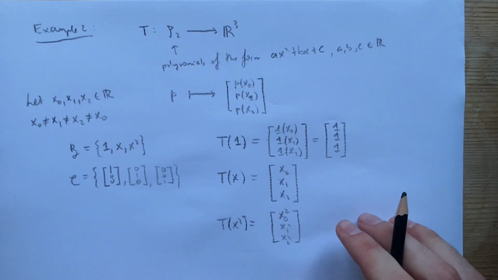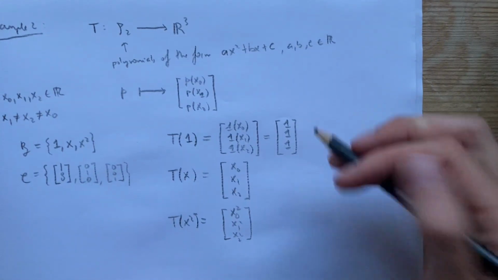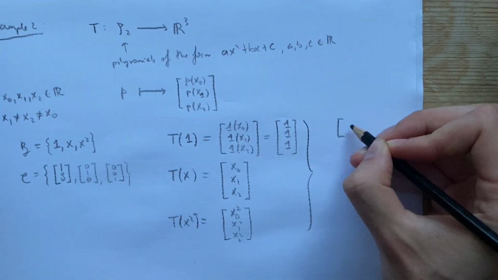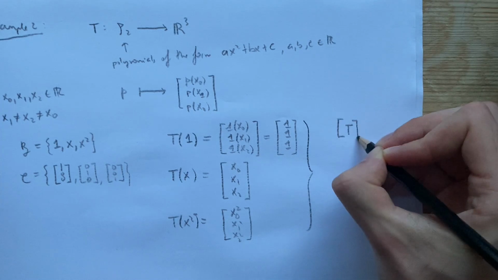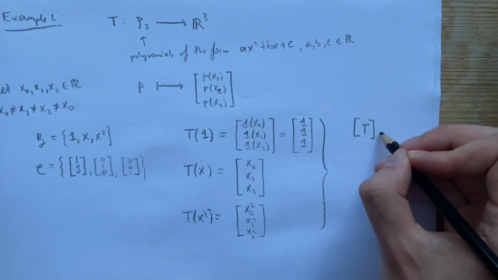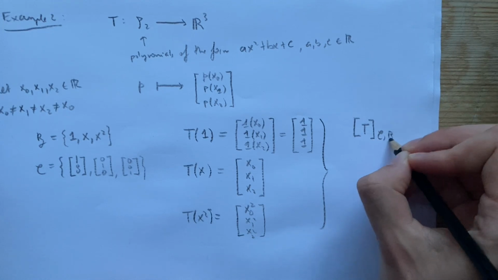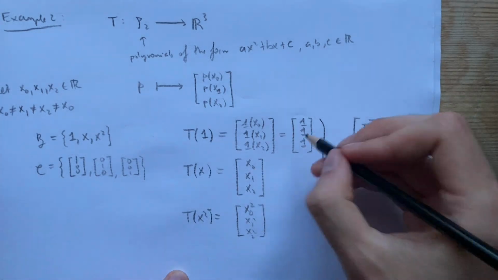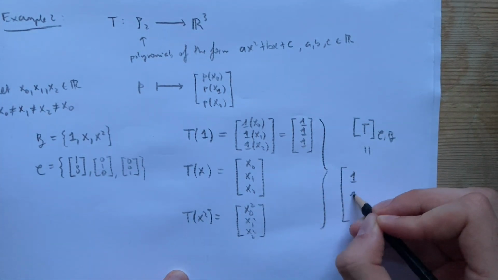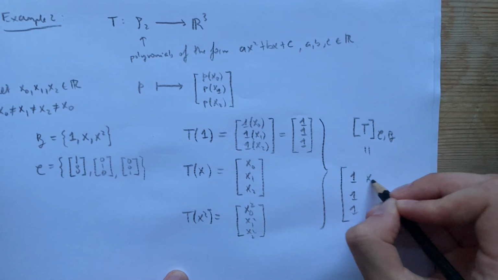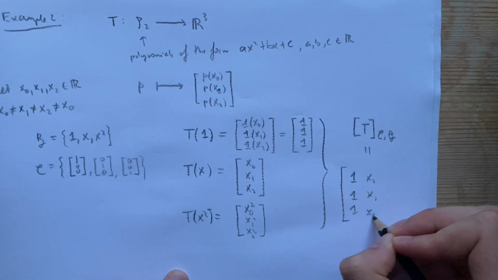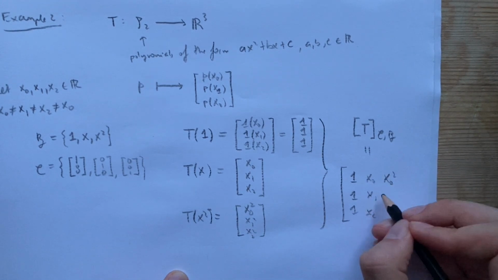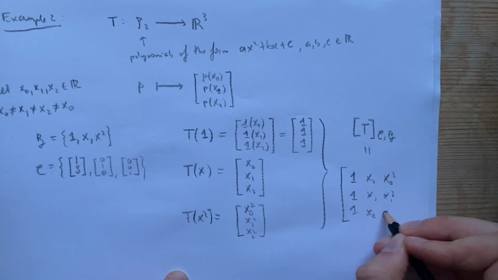And now, if you combine all of these together, you get the matrix we are looking for, which is the matrix of the linear transformation T with respect to the basis B and the basis C, and which is given by these three vectors as columns. So (1, 1, 1), (x0, x1, x2), sorry, and (x0 squared, x1 squared, x2 squared).